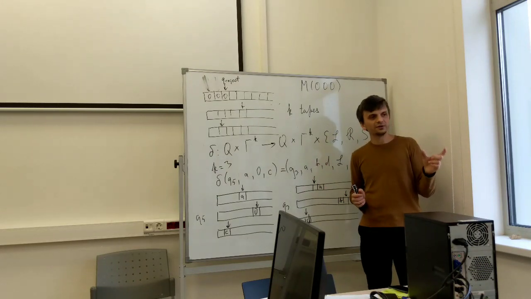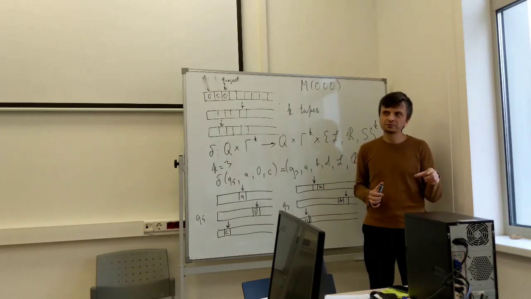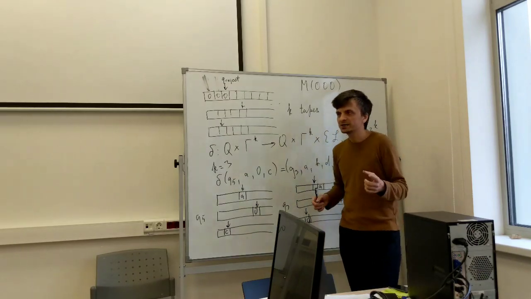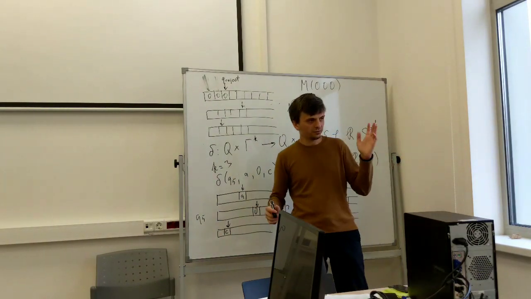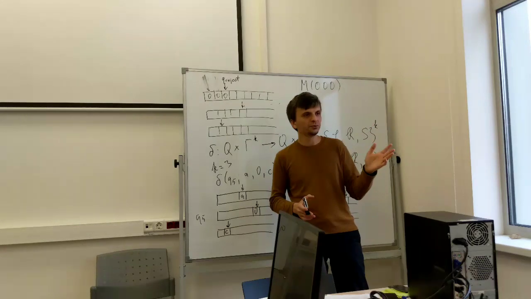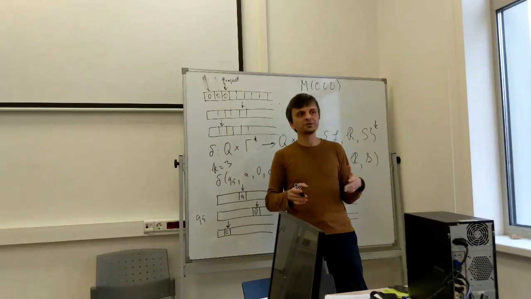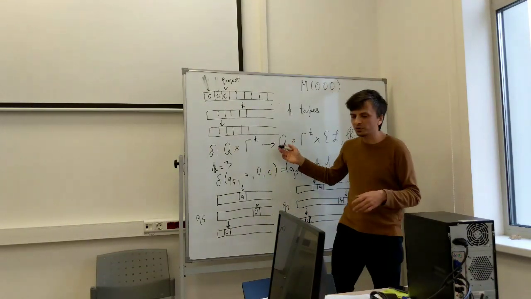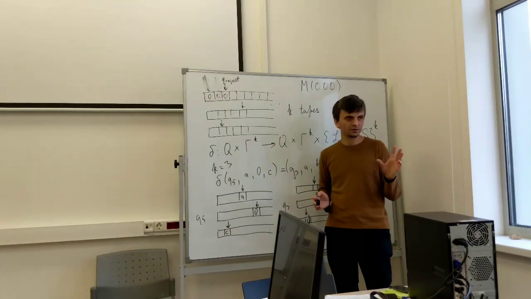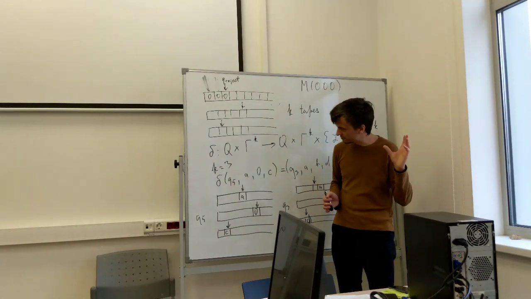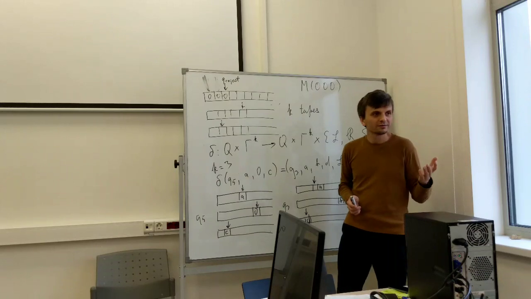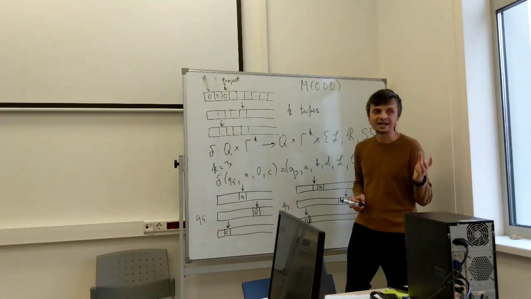You need a precise definition for an algorithm, and to give one, you need a certain model of computation. So you need to be precise about what exactly it means to compute. This Turing machine gives you one such option to define what an algorithm is.